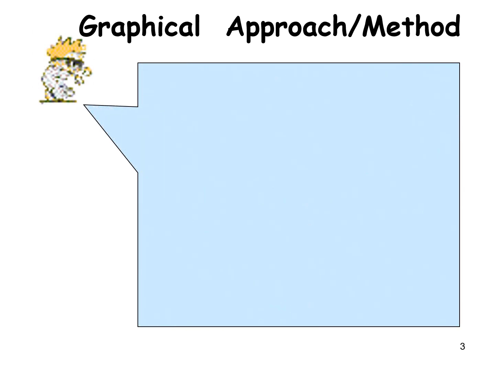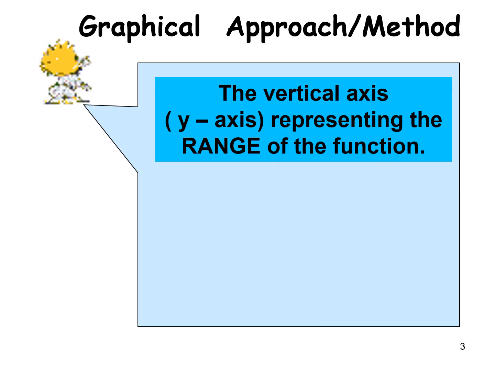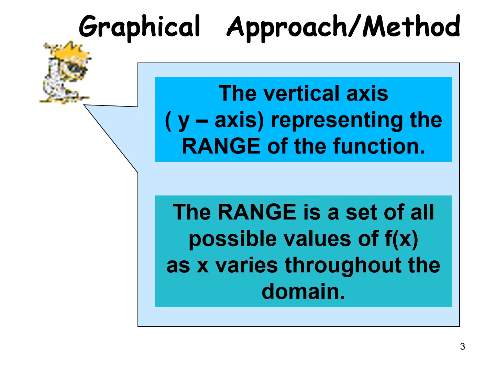While the vertical axis, the y-axis, represents the range of the function. The definition of the range is the set of all the possible values of f(x) as x varies throughout the domain.